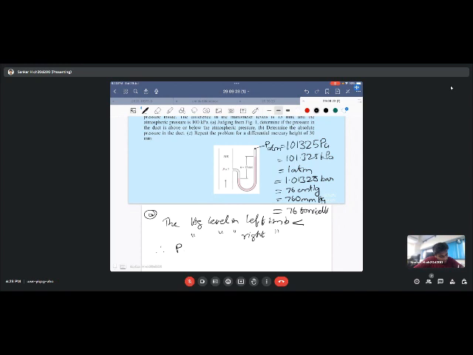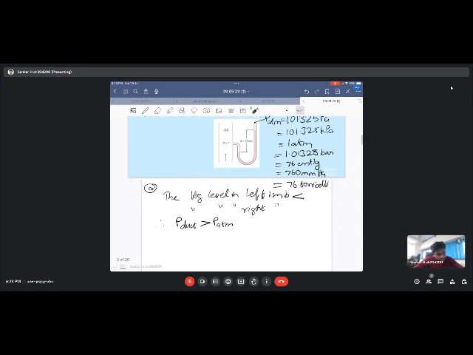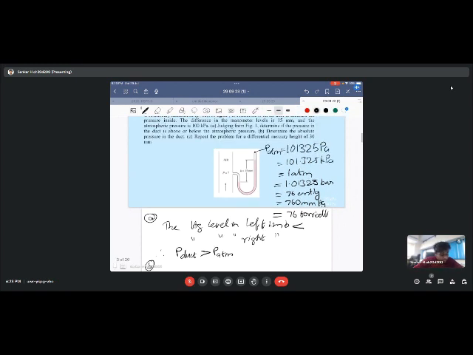Therefore, the pressure in the duct is greater than the atmospheric pressure. This is because only if the pressure is greater here can this height be lower than that height. This is just a simple observation that can be made based on this.